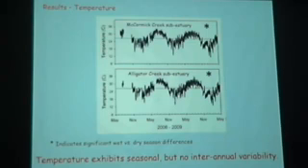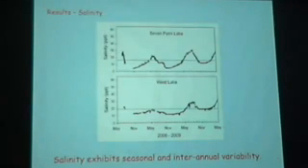Temperature, as you expect, is higher in summer and lower than that otherwise. Nothing exciting. Salinity shows similar patterns in each system, but much larger amplitude in Seven Palm than in West Lake.